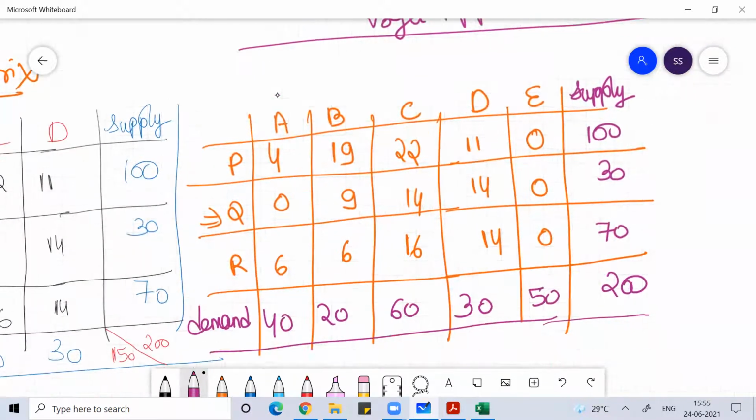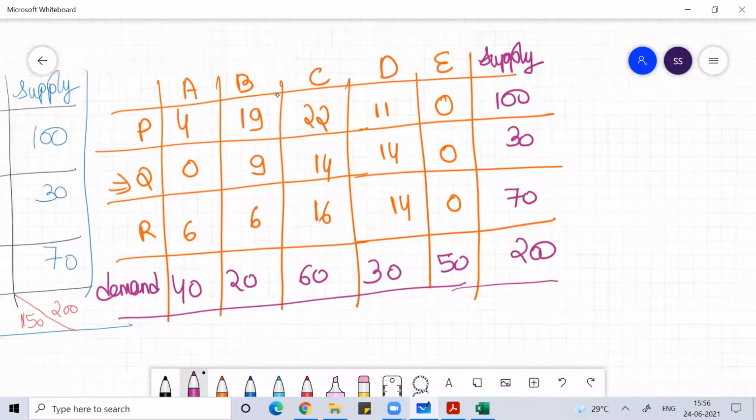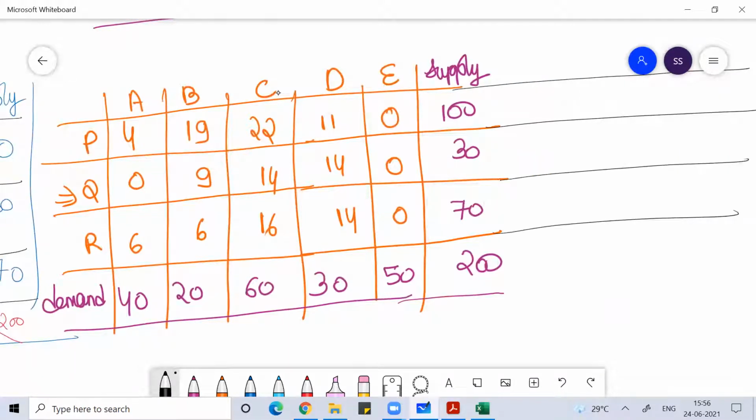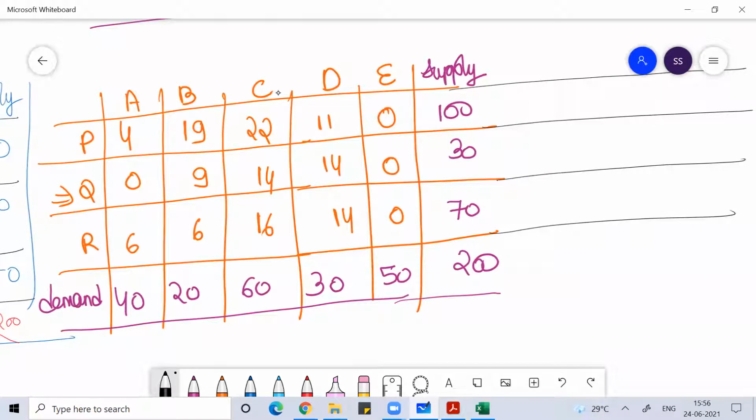If I follow the Vogel approximation method, I need to determine the penalty. So P1 row-wise would be 4, then 9, then 6.